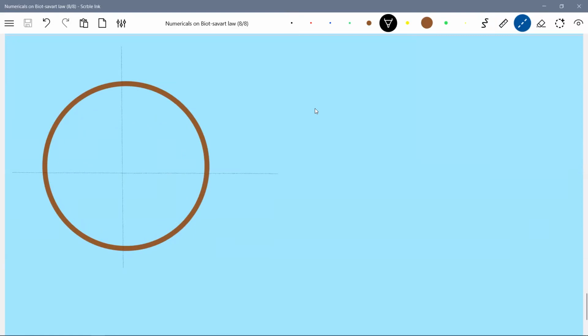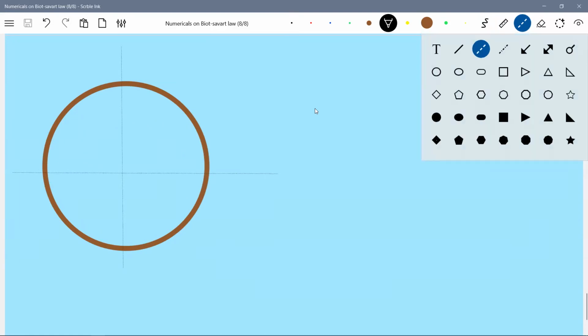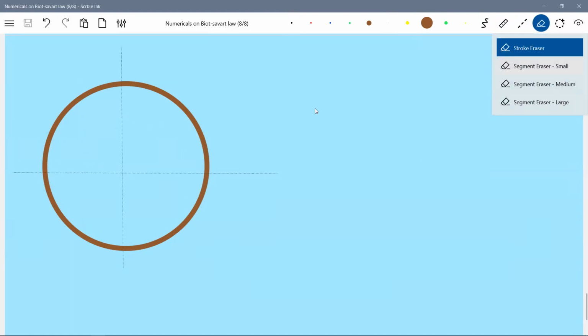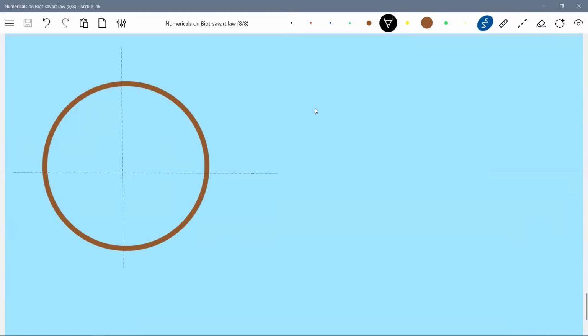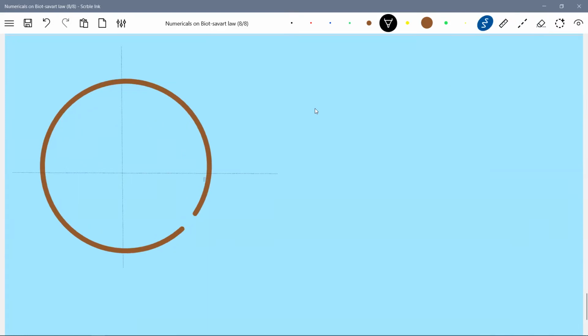Now I want the field strength at the center, we know it. Hope you can remember, at the center, we know it.